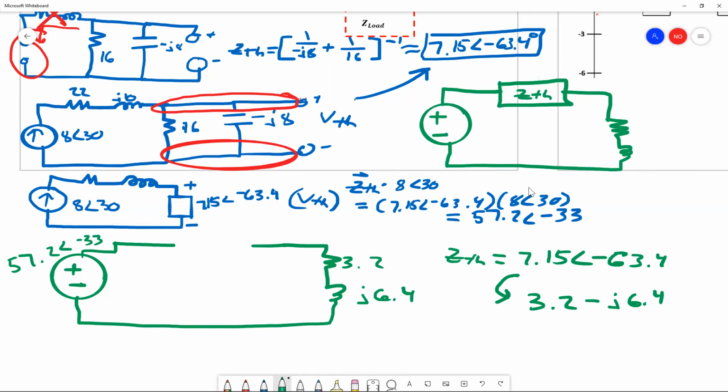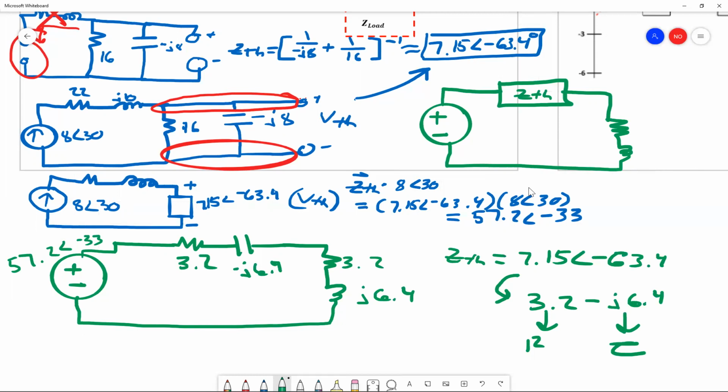What this does is allows us to separate this into a resistor, and because this part is negative, we'll separate it into a capacitor. So we'll have a resistor here and a capacitor here, with those values. This will have J 6.4, and this will have 3.2. And this is negative, so it's a capacitor.